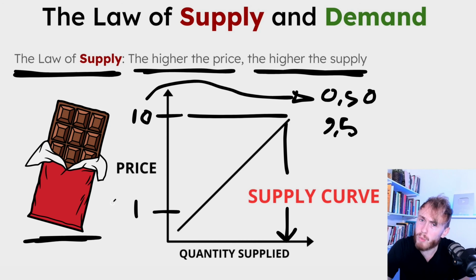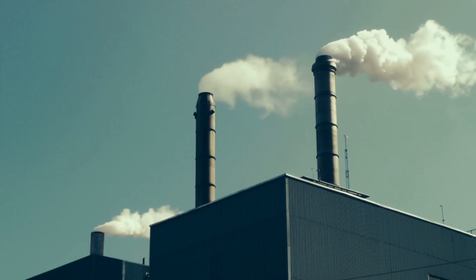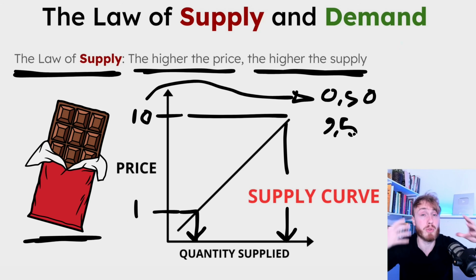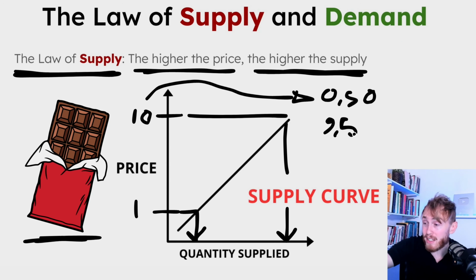But what about down here at $1? Well, if you can only sell a chocolate bar for $1, you will notice that far fewer sellers are willing to sell chocolate for this cheap price. Maybe in order to sell chocolate for as cheap as $1, you need huge factories, so that you're able to produce lots and lots of chocolate at very cheap prices, and at the same time pay your employees while still making a tiny bit of profit.